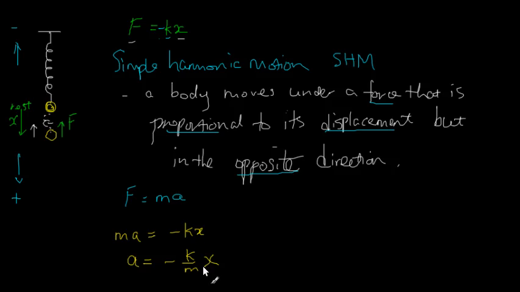Now, an even more standard form that can also be used for other examples like the pendulum is to rename this k over m as this symbol, omega squared.